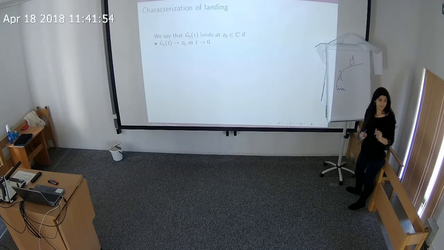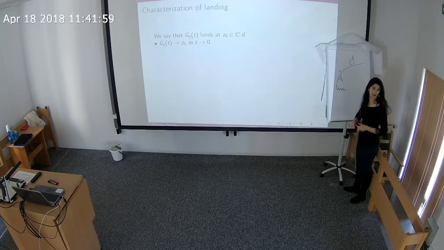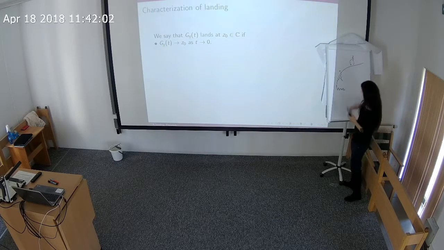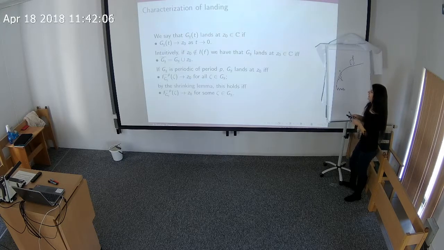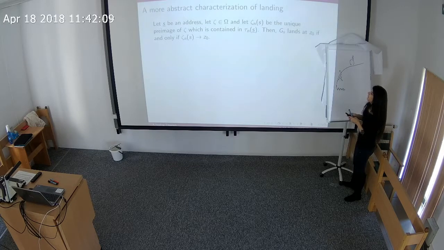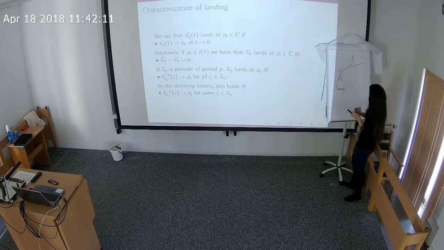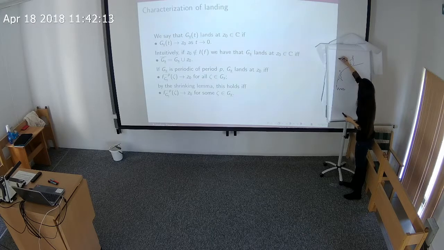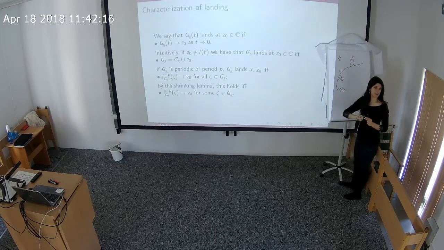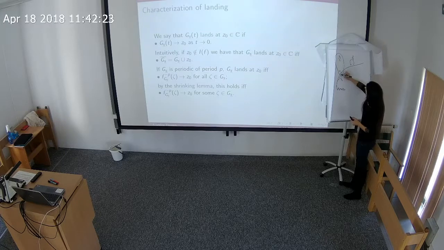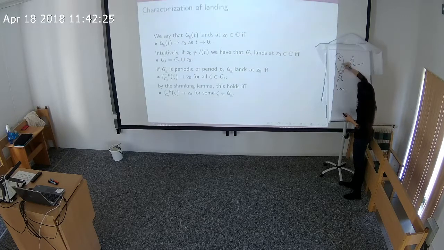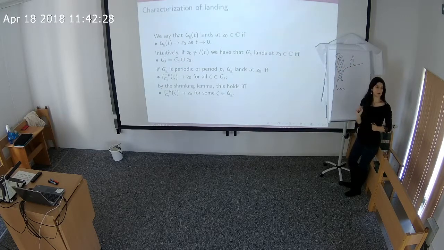And then here comes the question. Why do you need to take a point on the ray? Well, you don't. You take an arbitrary point here, and provided you select the inverse branches, which you have to be very careful about, for example by taking some simply connected open set in the complement of the postsingular set, you have this shrinking lemma, which tells you that the preimages of this set will have diameter going to 0.